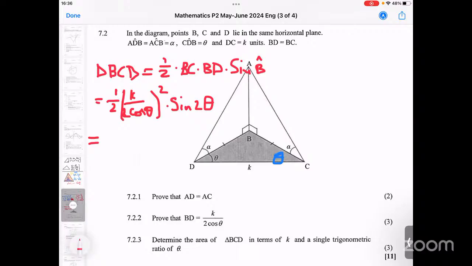Then we remove the brackets. So then it would be half times k squared over 4 cos squared theta, times sine 2 theta.